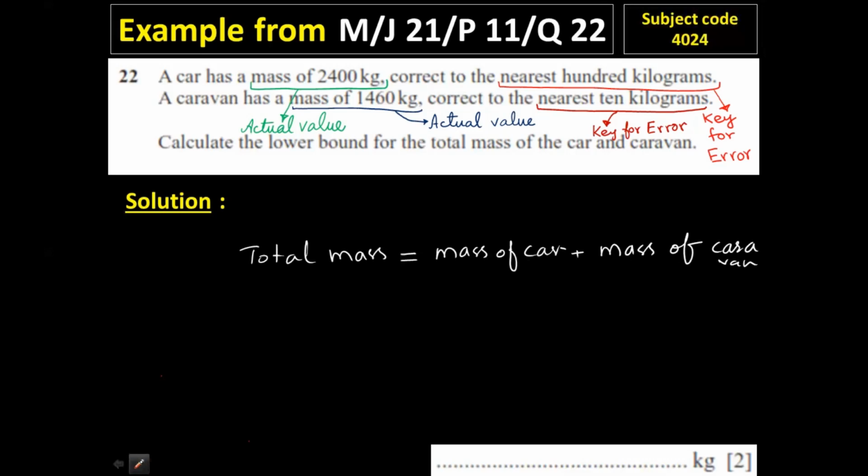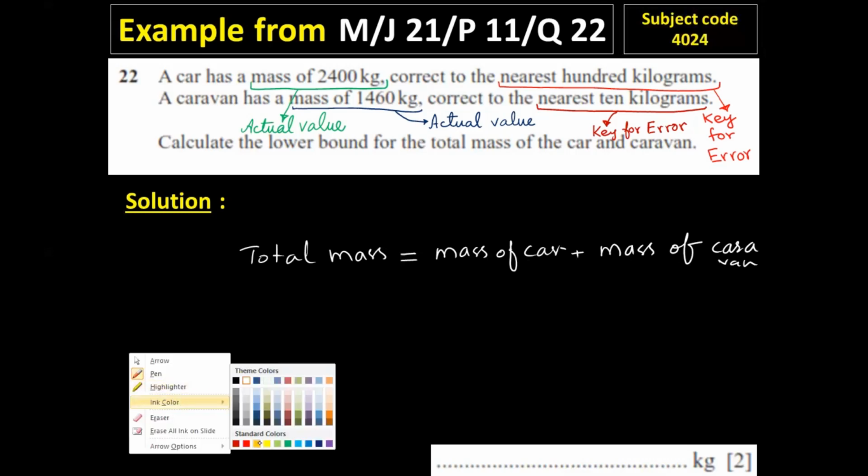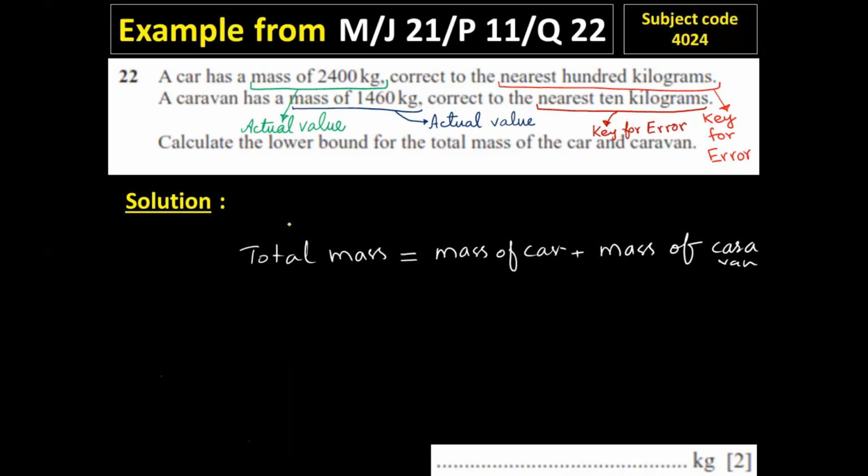So lower bound of total mass will be lower bound of the mass of car and lower bound of mass of caravan.